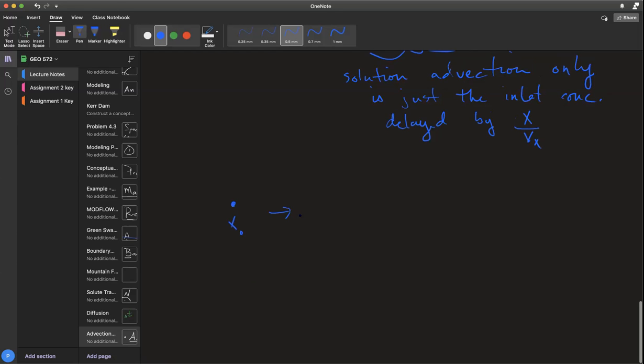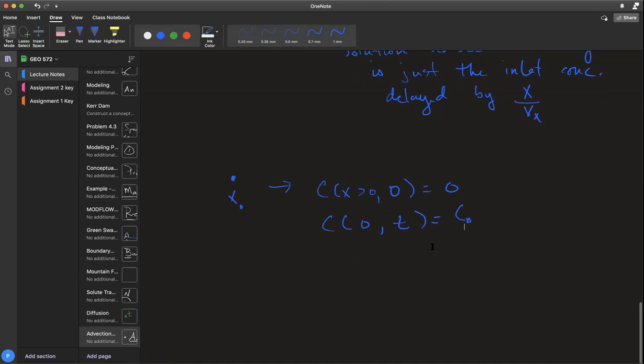Just like all our other step changes, we might write it this way: for C, x greater than 0, t equal to 0, our concentration is equal to 0. C at x equal to 0, t, our concentration is equal to C naught. So this is a step change in concentration, all right?